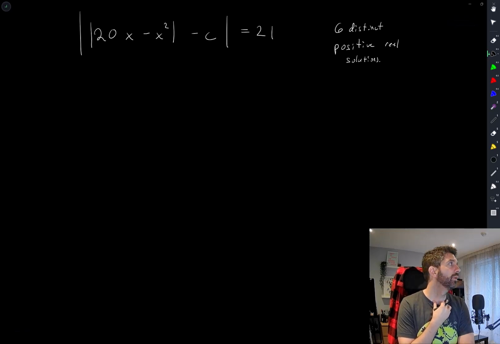So would it be a good idea to write down all the values of x which solve this in terms of c, and then make sure that of all the values, exactly 6 of them are positive and distinct? I don't see right off the bat a better way of doing this.